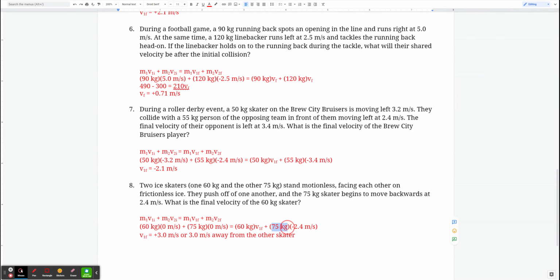So at the end, we have the 75 kilogram skater moving at 2.4 meters per second. Backwards, we're saying, is negative here. So then if we solve this for the final velocity of the 60 kilogram skater, we get 3 meters per second in the positive direction, or it's just the opposite direction of whichever way the 75 kilogram skater is moving.